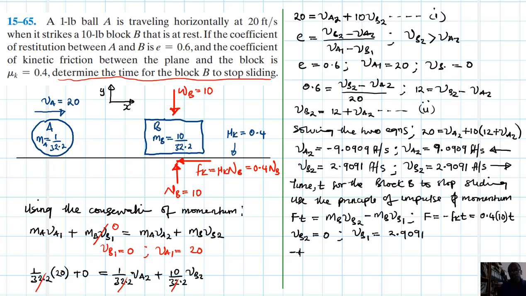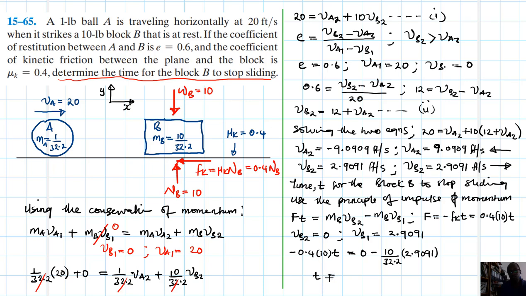So we have minus 0.4 times 10 times t equal to 0 minus 10 divided by 32.2, times 2.9091.